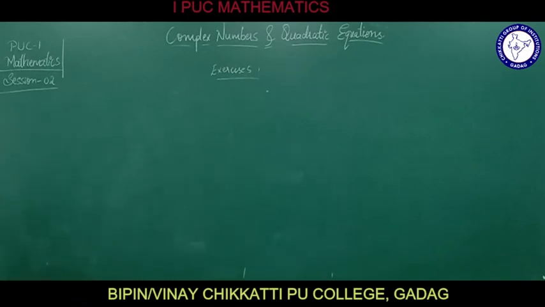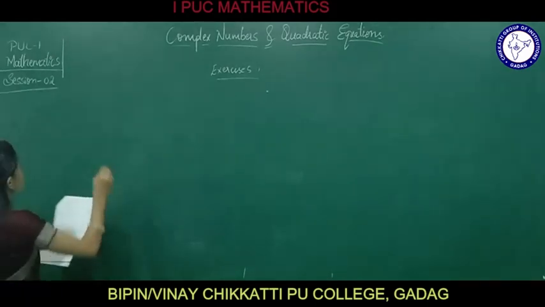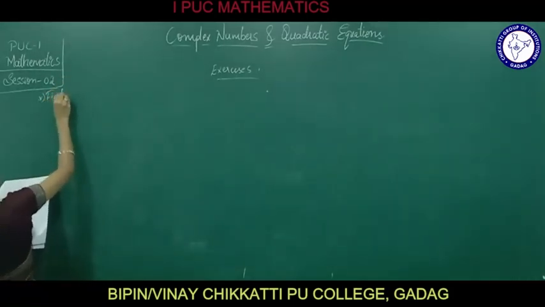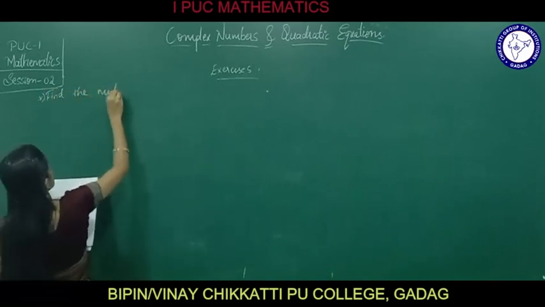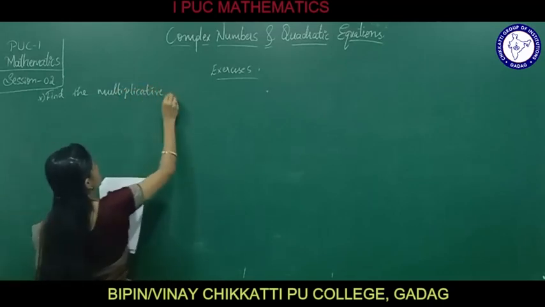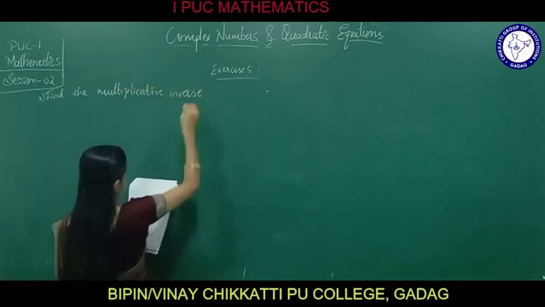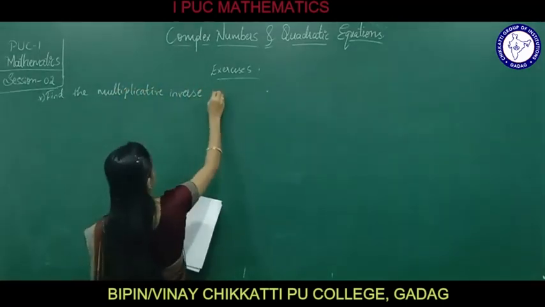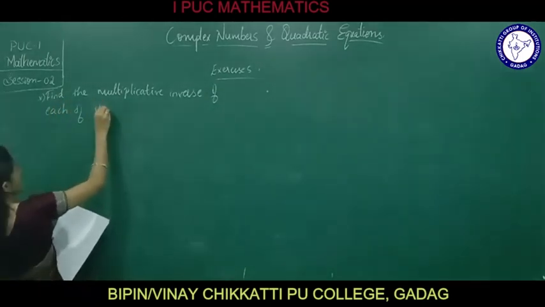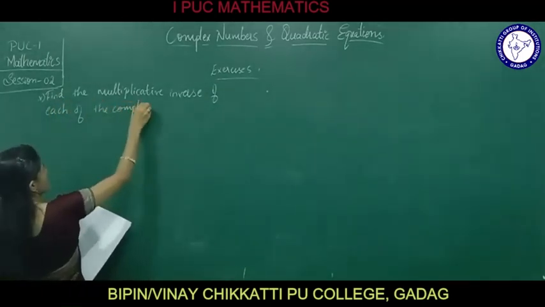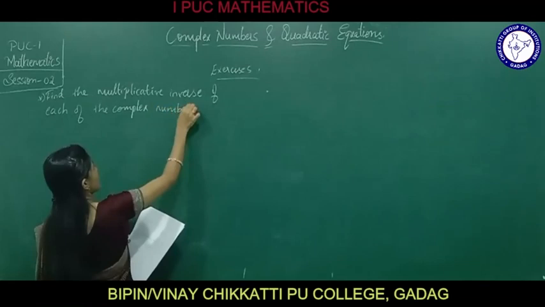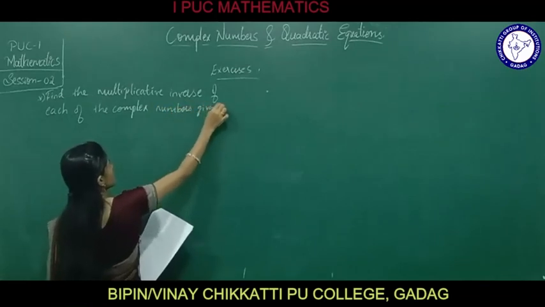What have they given? Find the multiplicative inverse of each of the complex numbers given.